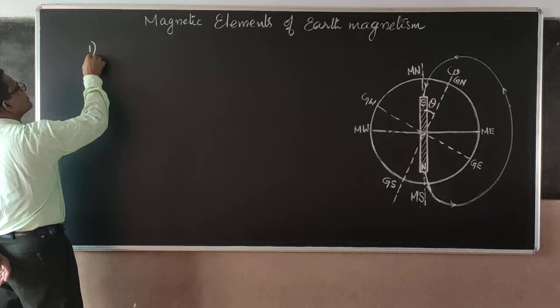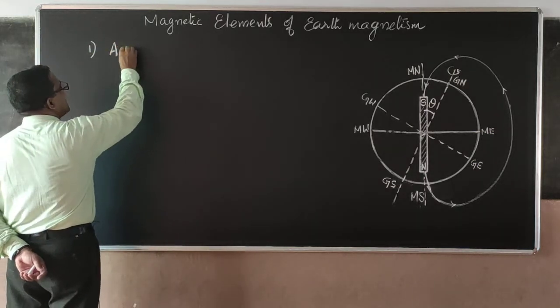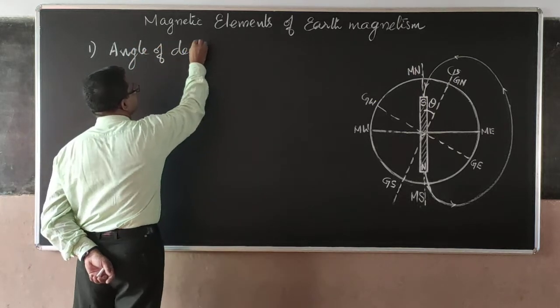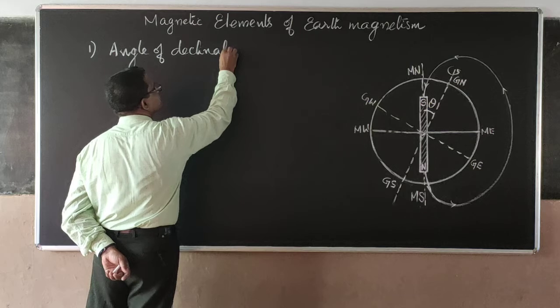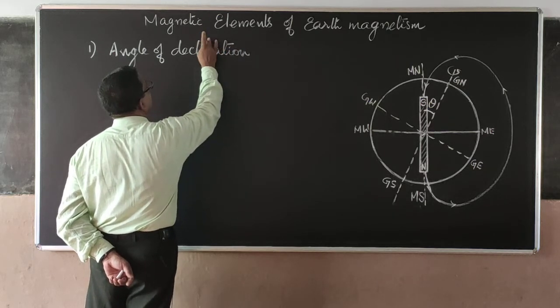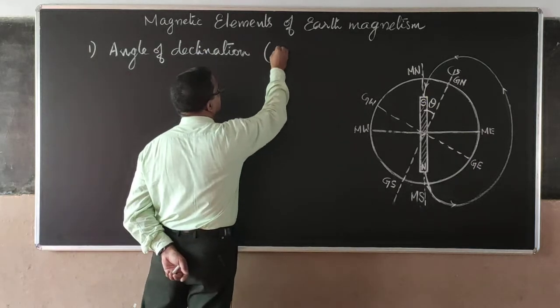One, angle of declination. Angle of declination is denoted by theta.